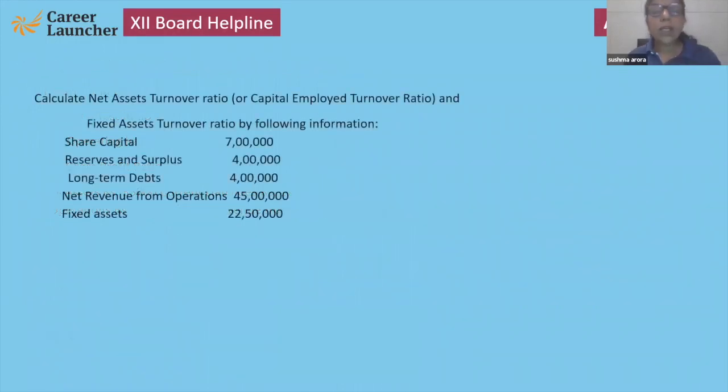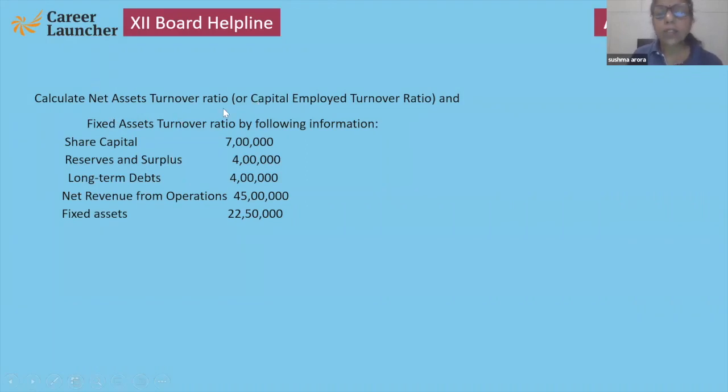Next question. Now, here I am going to explain a newly added topic. See, this year CBSE has added 4 new ratios. So, see that question carefully.